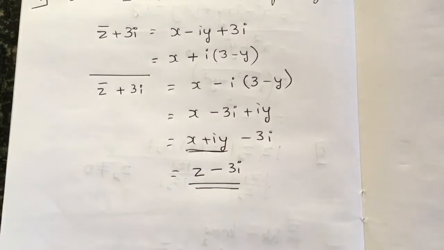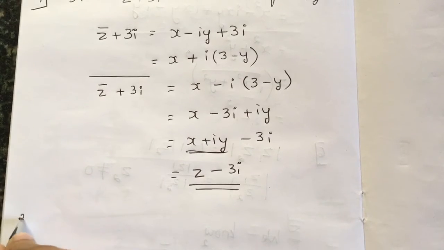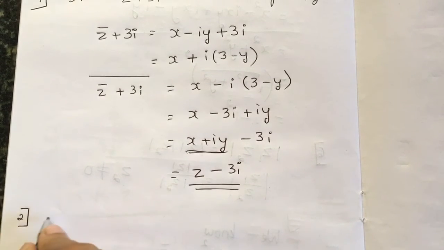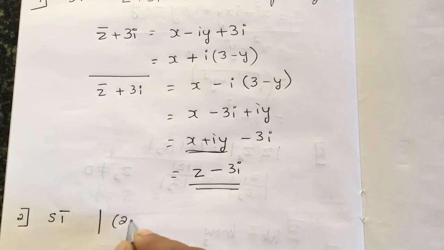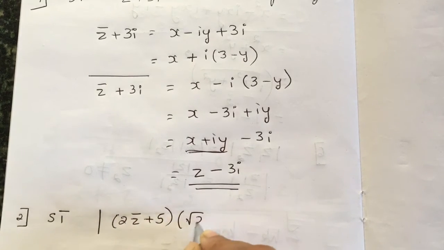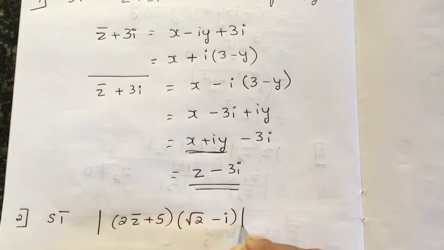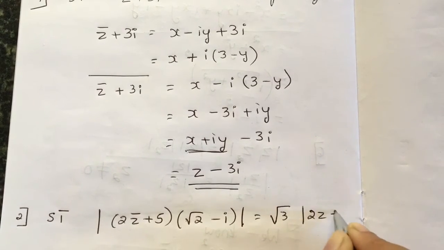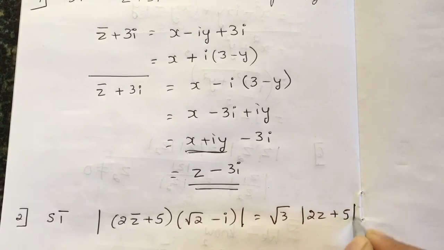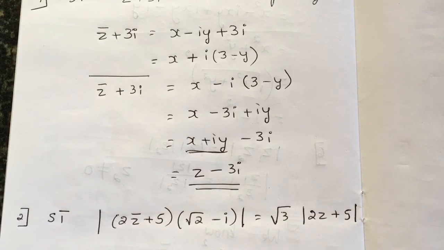One more. Problems are a bit easier if you know the properties. Show that modulus of 2z bar plus 5 into root 2 minus i is equal to root 3 into modulus of 2z plus 5 if z is equal to x plus iy.